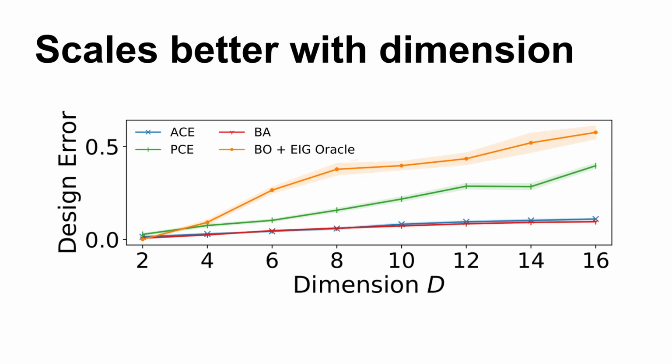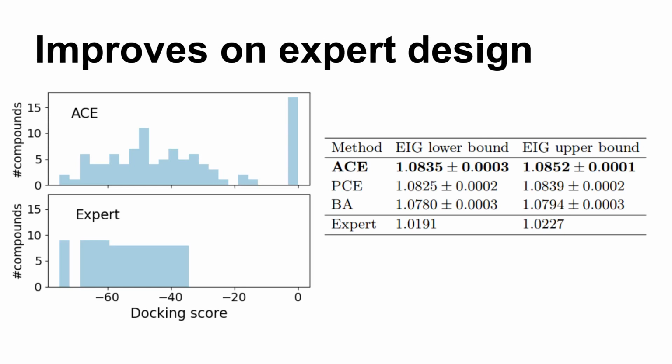And if we look at scaling with design dimension, here we have a Bayesian optimization that can use the true EIG, so it's kind of given a bit of a head start, but it still breaks down with design dimension, whereas these gradient methods are very consistent and very close to the true design, especially the BA and ACE methods for that problem. And then finally we looked at 100-dimensional design from pharmacology, and we compared with expert designs, and we found that these gradient methods can do better than the expert, and the best came from the most general bound, the ACE bound.